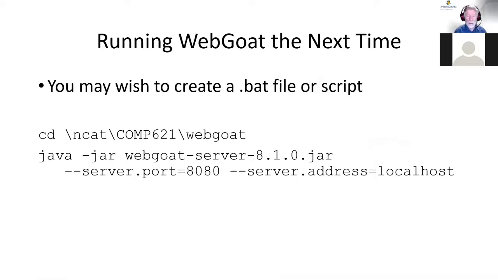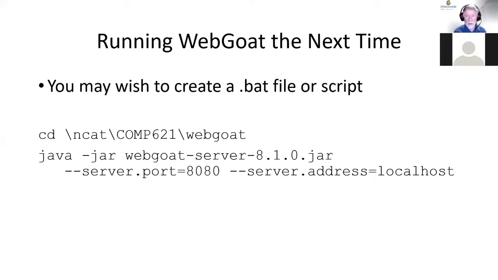WebGoat, I mentioned sometimes that when you are running WebGoat, if you're going to have to run it several times, and I have several assignments that use WebGoat, so we'll be running it, and also WebWolf, you may wish to create a bat file that runs it. I have a bat file that looks like this. The first thing it does is change the directory to the location where I keep the WebGoat program.